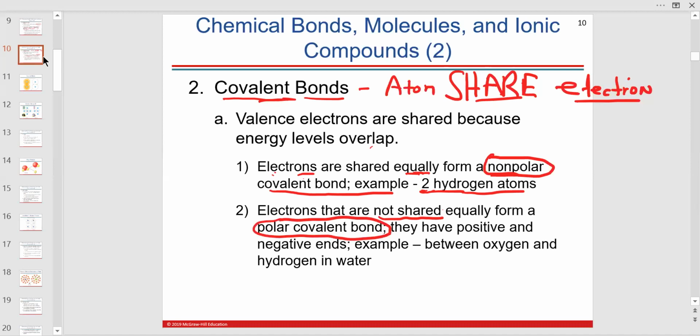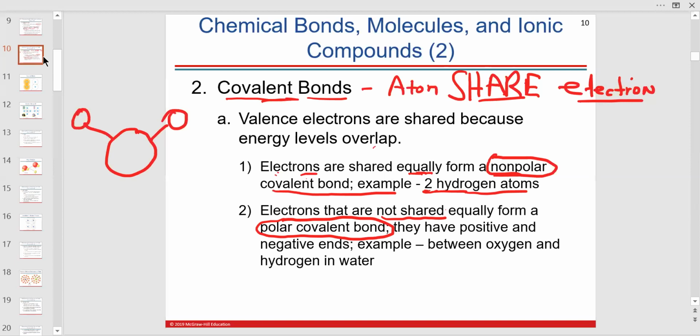So let me draw this out for you. This is where you need to know. Remember that molecule, I'll draw it like a mouse. Here you have oxygen, and this is the hydrogen. Are you with me? Oxygen can share electrons with two hydrogens.